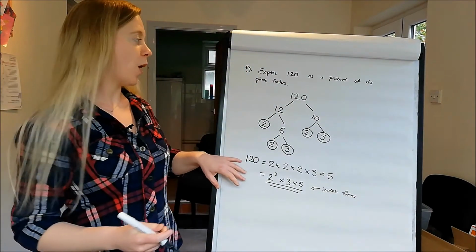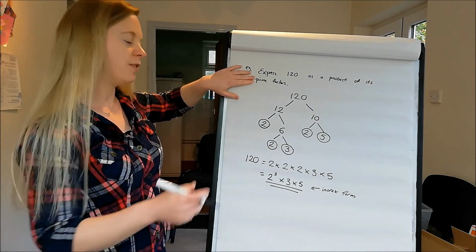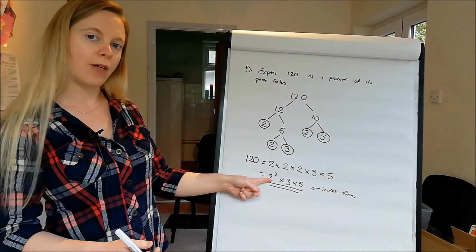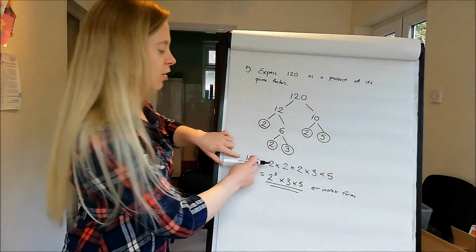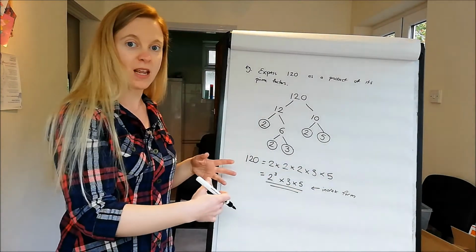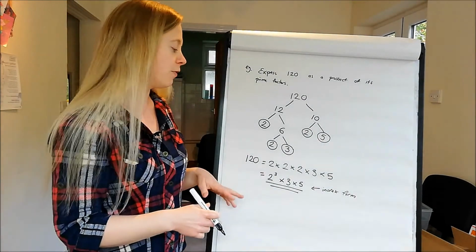Sometimes the question will say express 120 as a product of its prime factors, giving your answer in index form, which means that you must put that part. So what I always say to people is do your factor tree, and then to be on the safe side, give your answer in index form anyway, whether or not they asked for it, so that you'll definitely be sure of the mark.